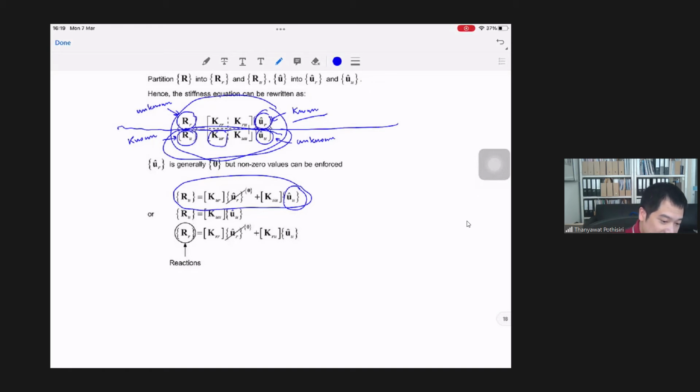This multiplied with this and this multiplied with this gives you the lower part of this equation. So you solve this first, and then once you obtain this unknown displacement, you can substitute it back to solve for the unknown reaction.